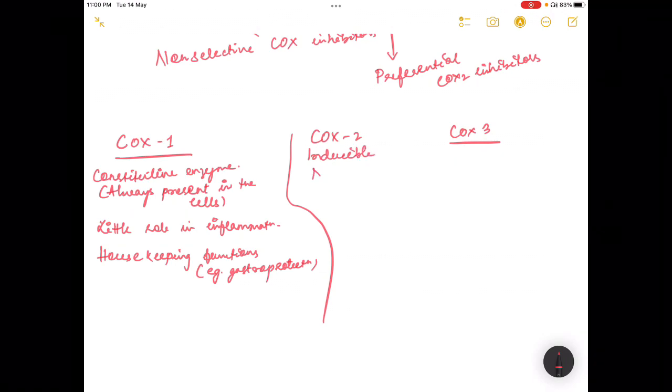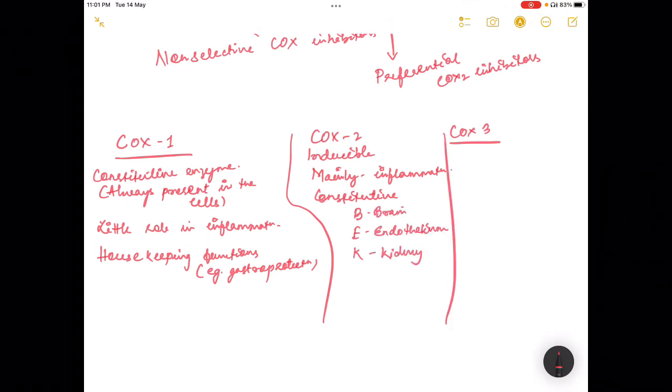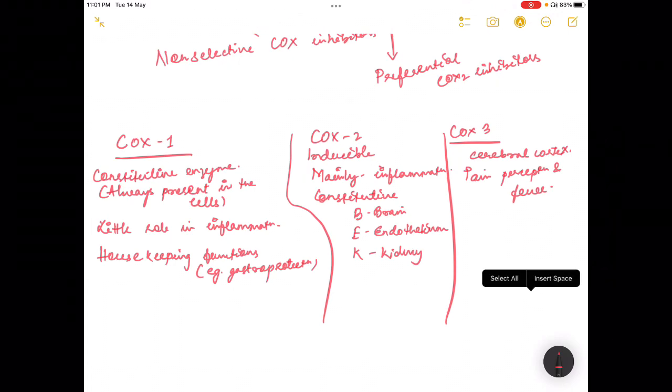It is responsible for inflammation, and it is present constitutively in three places: the brain, endothelium, and kidney. COX-3 is present in the cerebral cortex. It is involved in pain perception and fever, and it is not involved in inflammation.